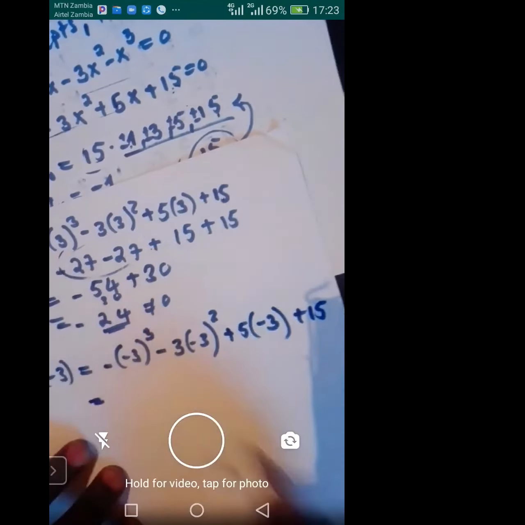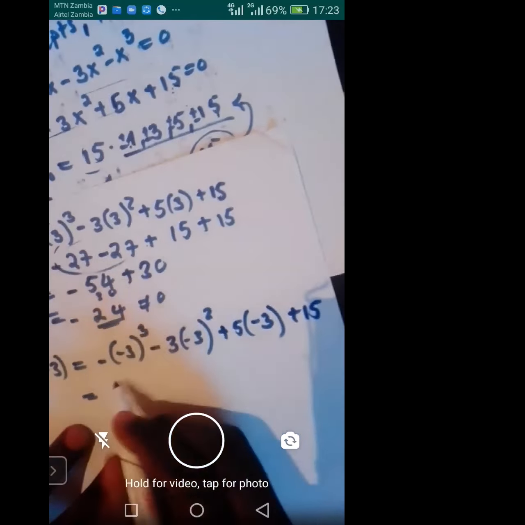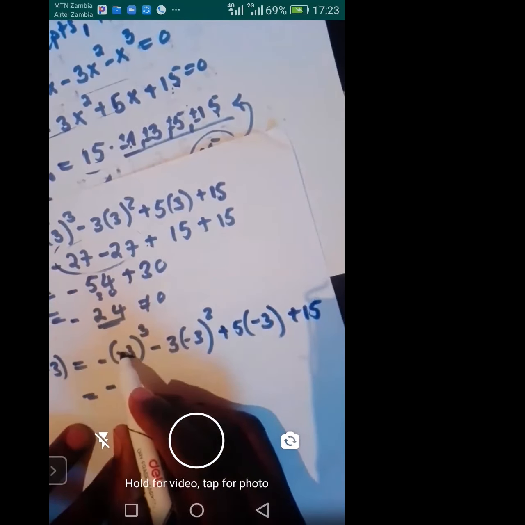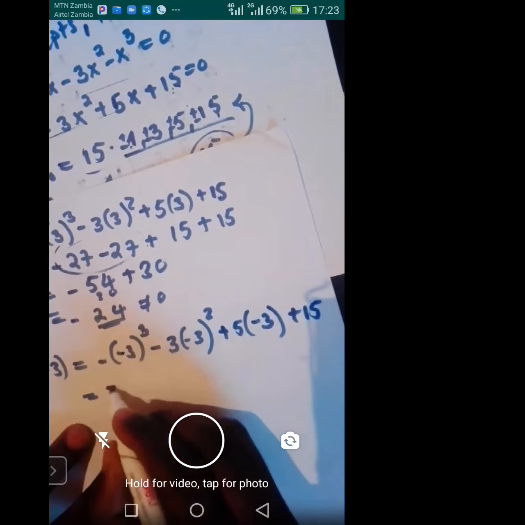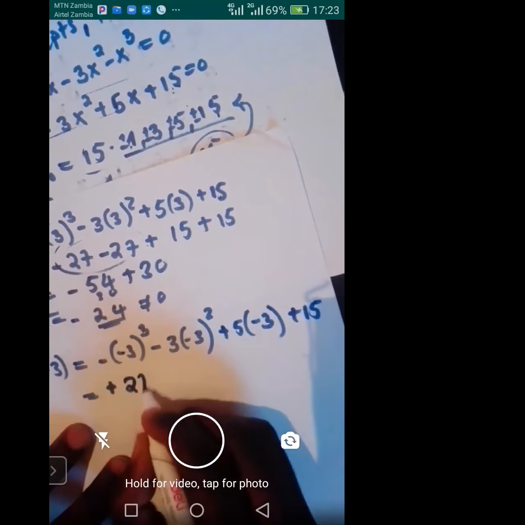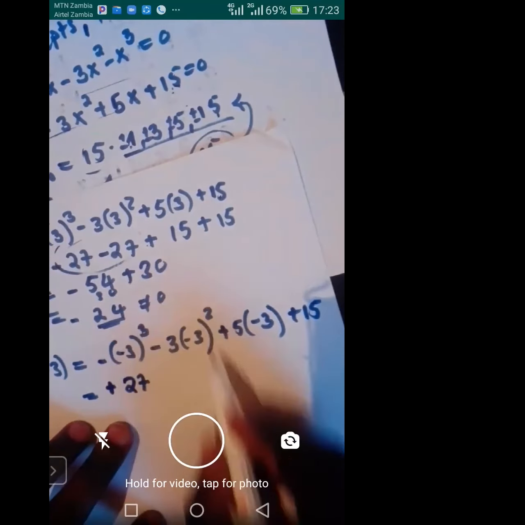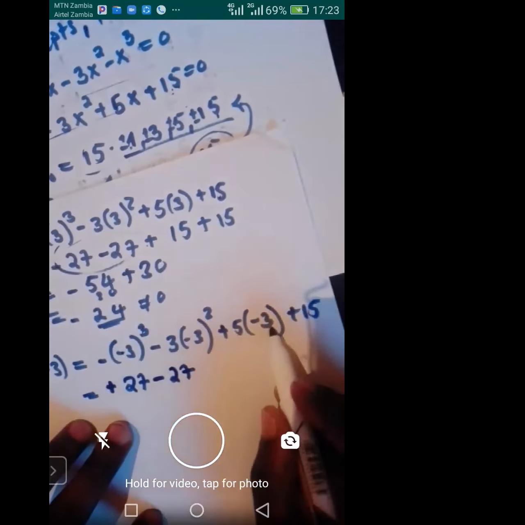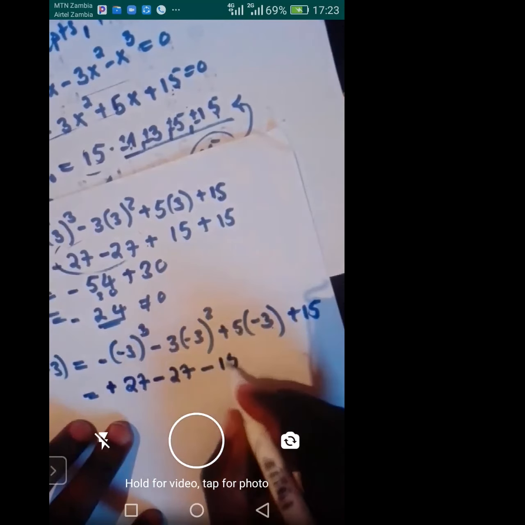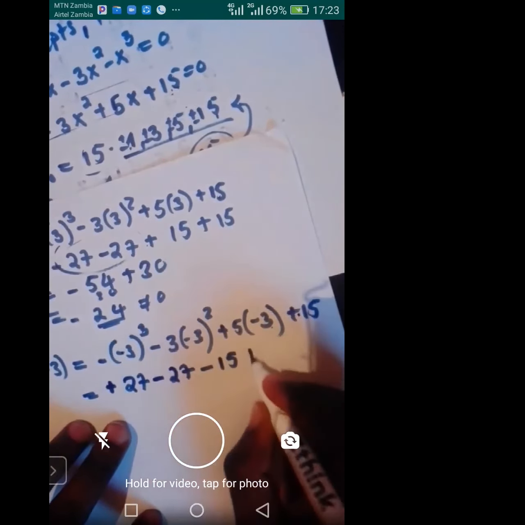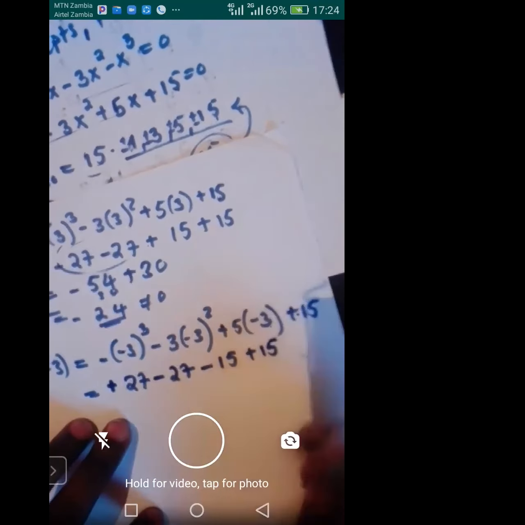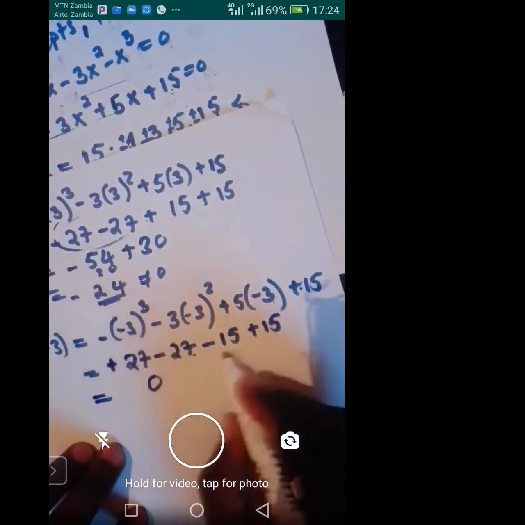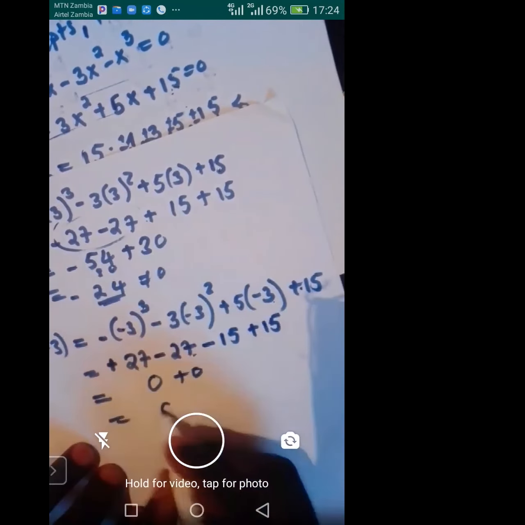This is equal to positive 27. This one squared will be minus 27. This one times this one will be minus 15 plus the 15 there. So you're going to see that this is 0.